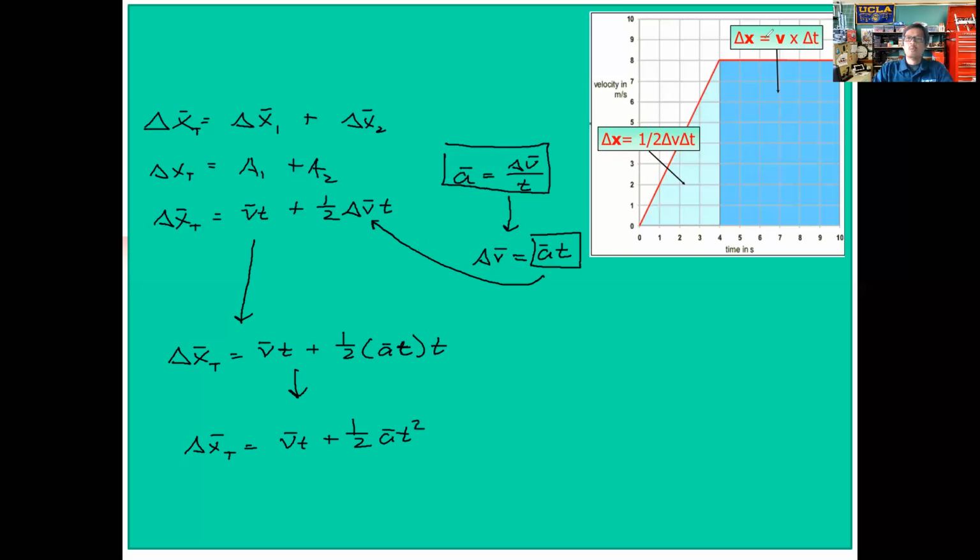Once we set it up that way, folks, this gives us the second of our kinematic equations, which allows us to solve for displacement if we know the velocity, the portion of the motion that is constant. We can identify the velocity and the constant acceleration. So we need to find constant velocity, constant acceleration, and the total time interval over which that object moves.